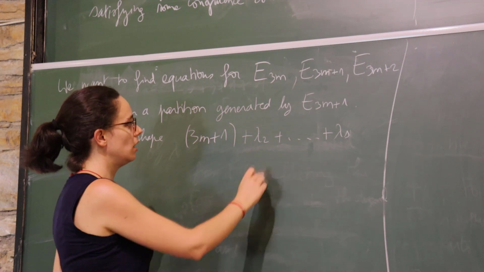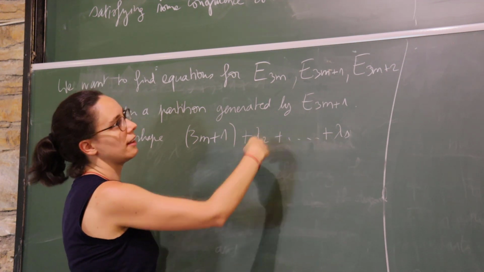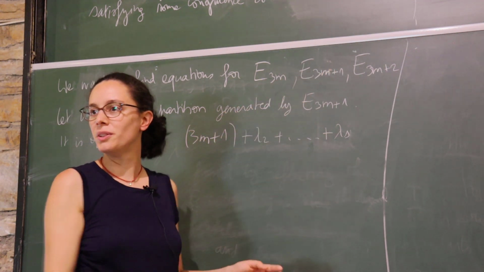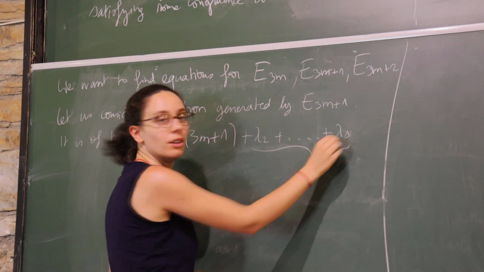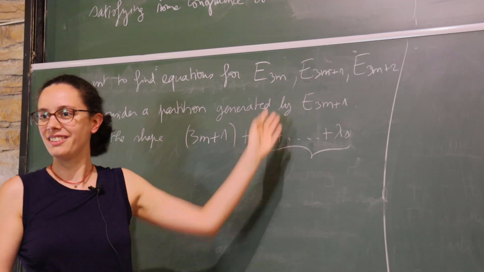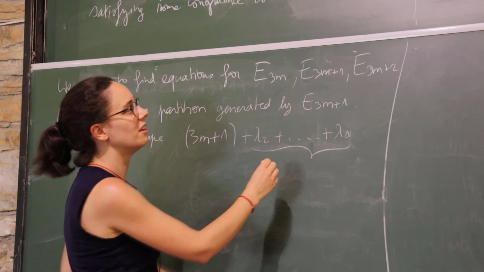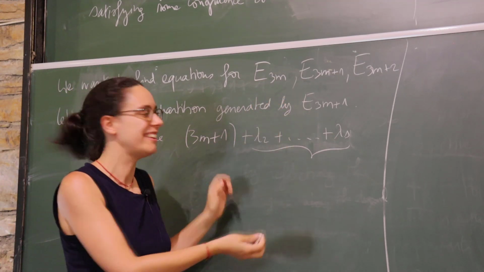And all these parts satisfy the difference conditions from Schur's theorem. So in particular, if you only consider those, they also satisfy the difference conditions. It's even a less strong statement to just say that.